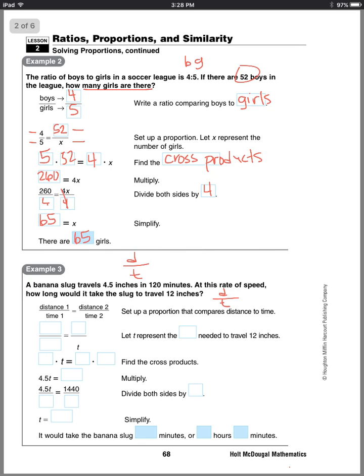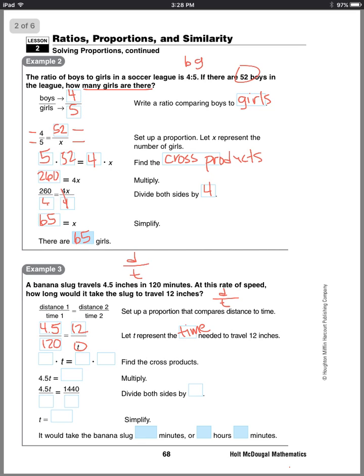We know both the distance and time with 4.5 over 120. And then we know how long would it take for the slug to travel 12 inches. So we know the 12, but we don't know the time for the 12 inches, so that's why they put a t there. So we're going to let t represent the time. These boxes are so little. Needed to travel 12 inches.